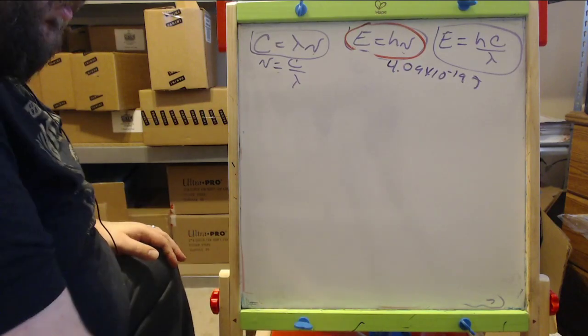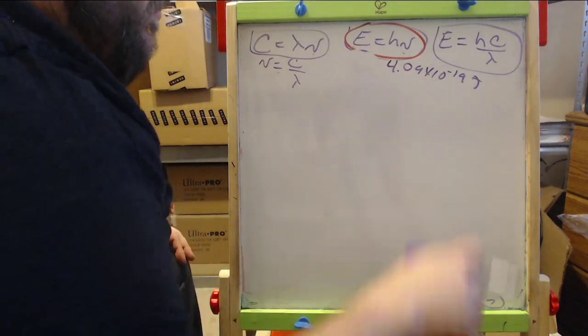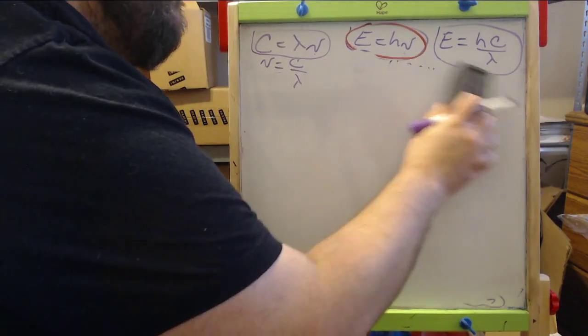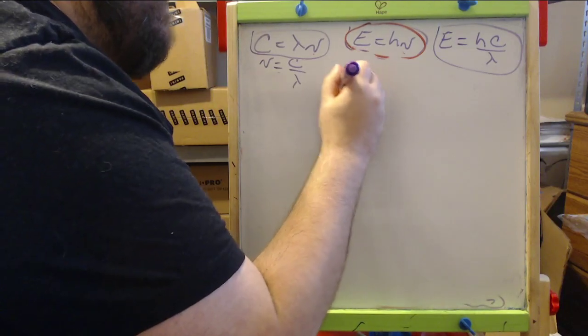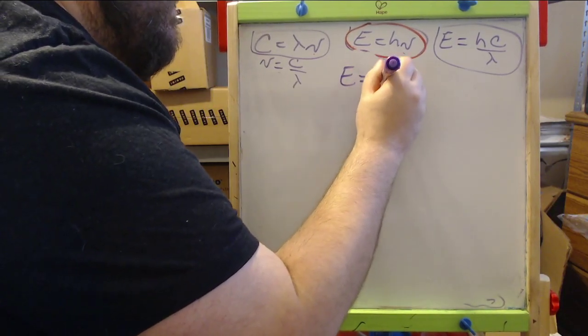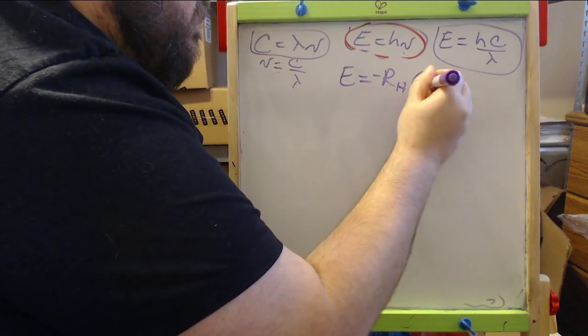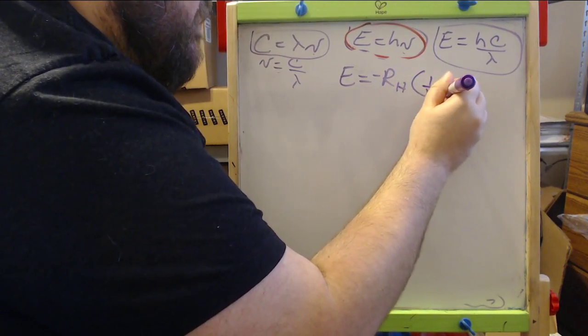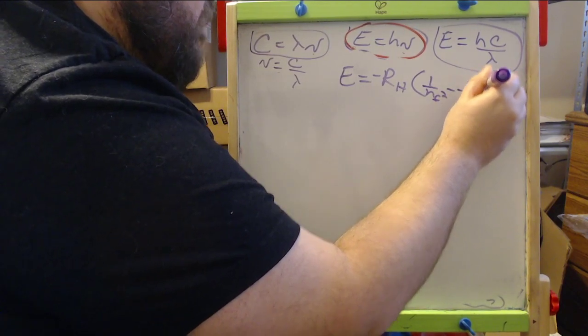So our third formula that goes with this one up here and with the Planck's one is energy equals the negative Rydberg value times 1 over n final squared minus 1 over n initial squared.